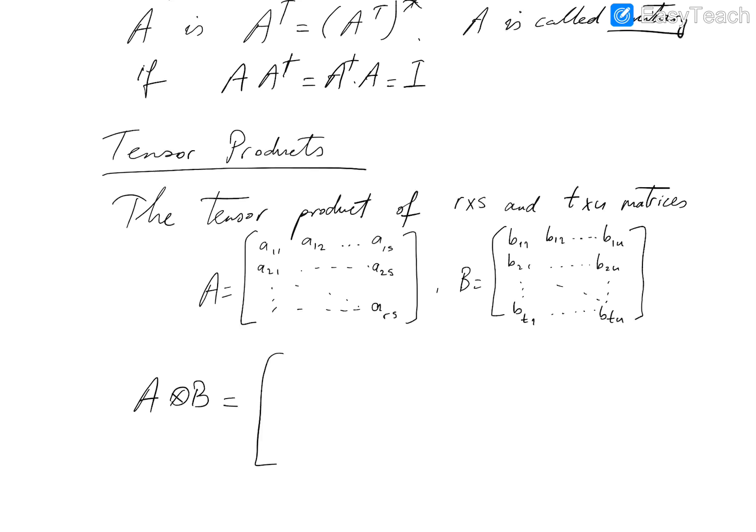Okay, so what we do is that we multiply each entry of A with the matrix B. So we multiply A11 with the matrix B. And then the next entry will be, we multiply A12 with the matrix B. Okay. So in fact, each entry of A ⊗ B is a T by U matrix.